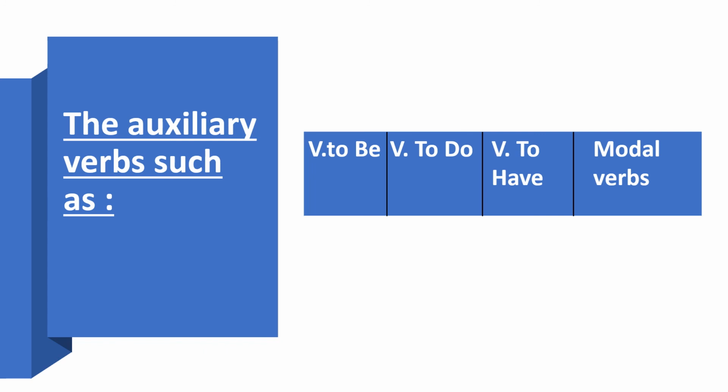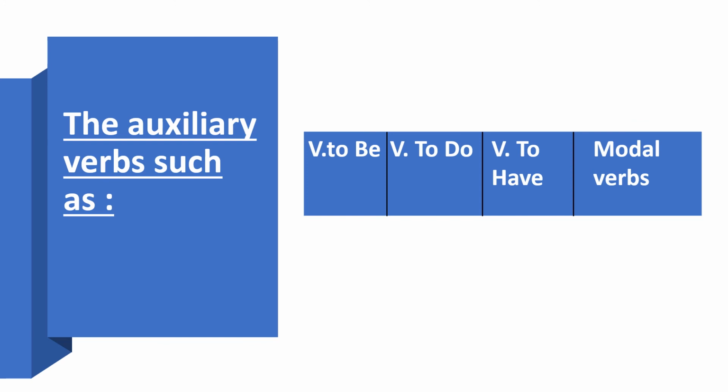Number three, the third one, it's verb to have. As I told you, have, has, had. Here we use have with the plural pronouns. We use has with the singular pronouns in the present simple, but we use had in the past simple tense. Both the present and the past, they are called verb to have.